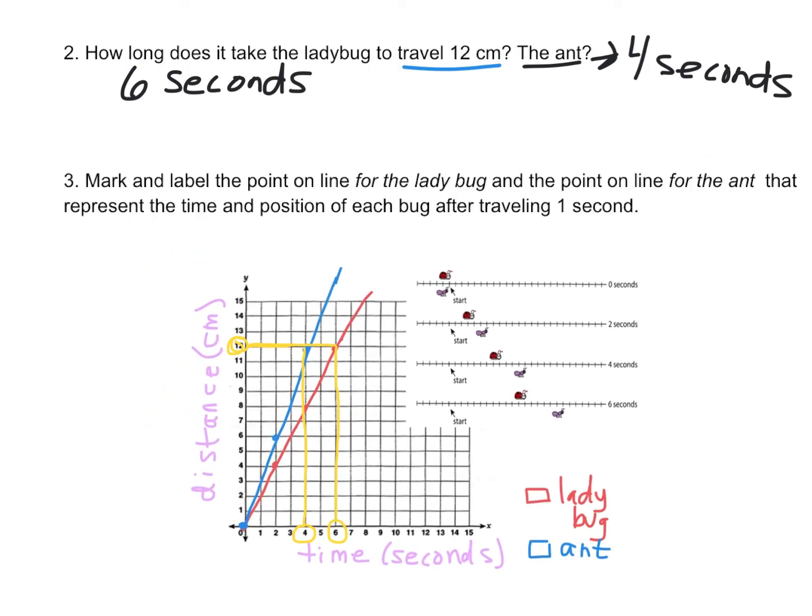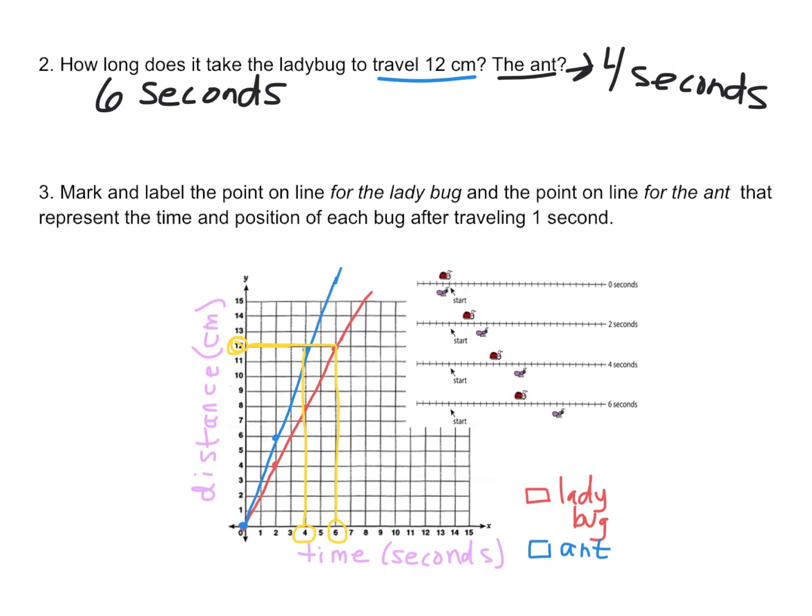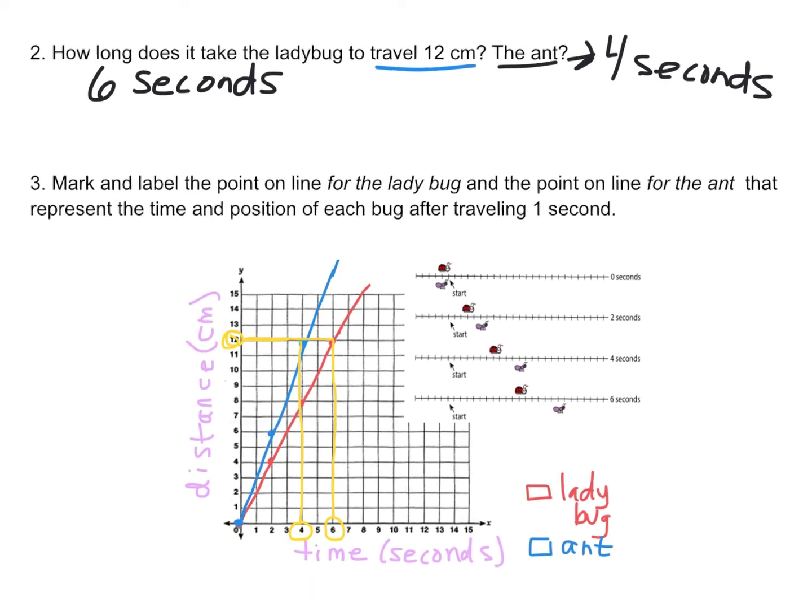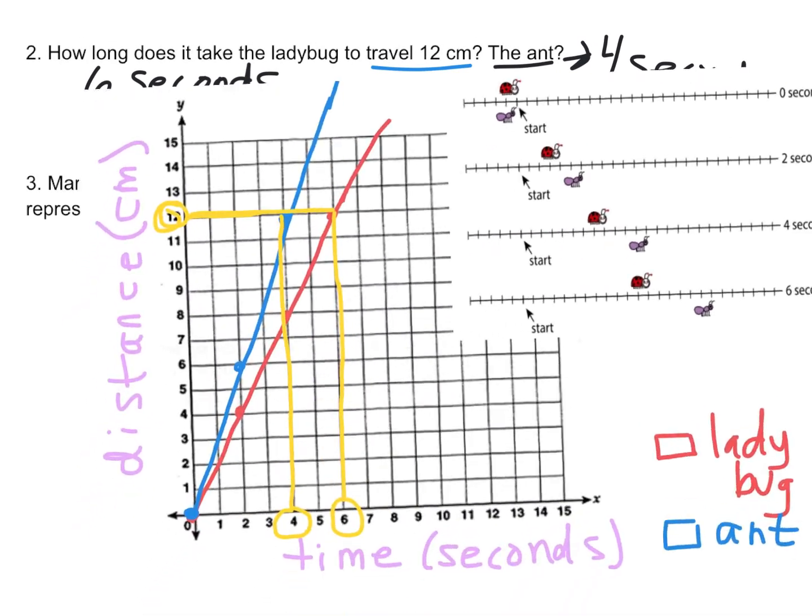Now we're going to mark and label the point on the line for the ladybug and the point on the line for the ant that represents the time and position after traveling for 1 second. So where are they after 1 second? And we're going to mark that. Let's go back and look at our graph.